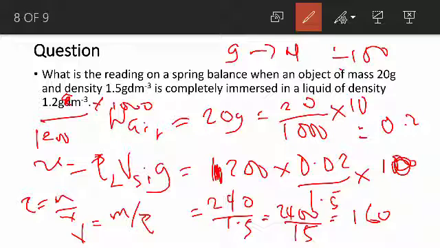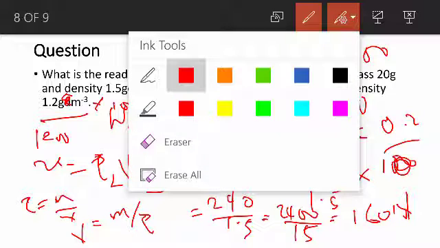So that gives us 160 newtons. Okay, so we know the upthrust now to be 160 newtons, and we know the weight in air to be 0.2 newtons.